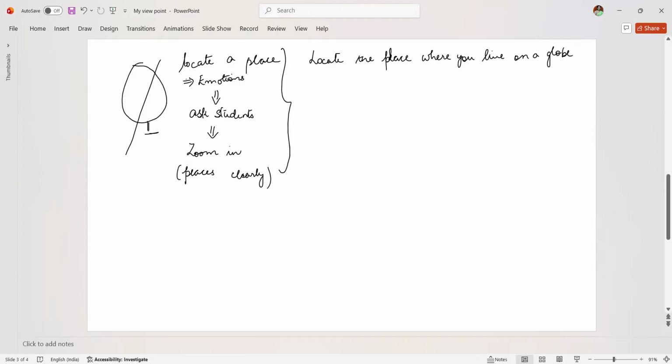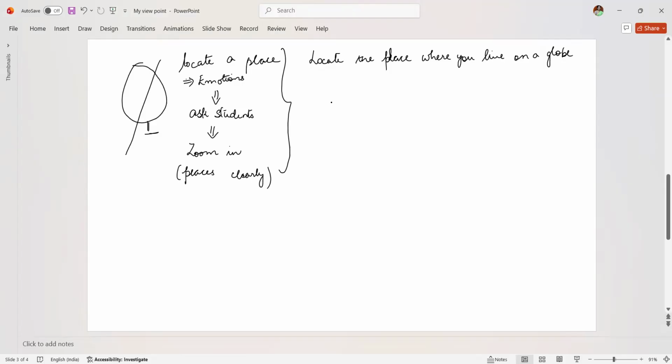Remember, this is a very simple activity or simple objective. But there is a thought process that goes on behind this activity, which makes them understand that identifying a small place in the globe is very difficult.